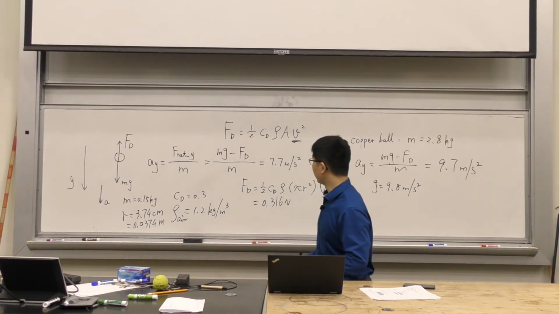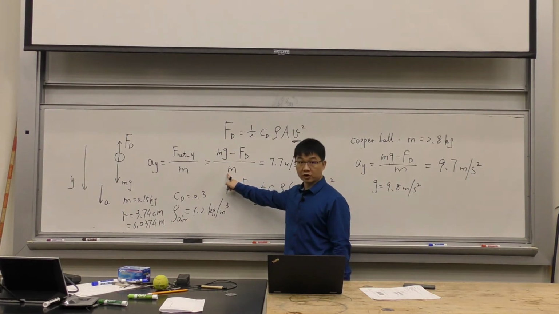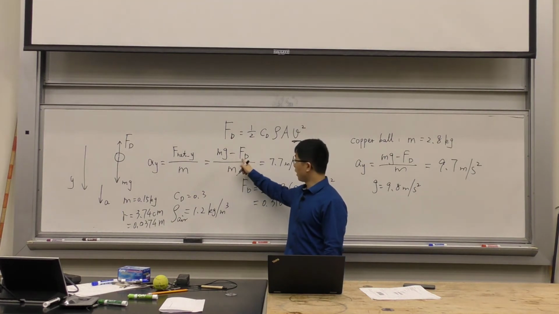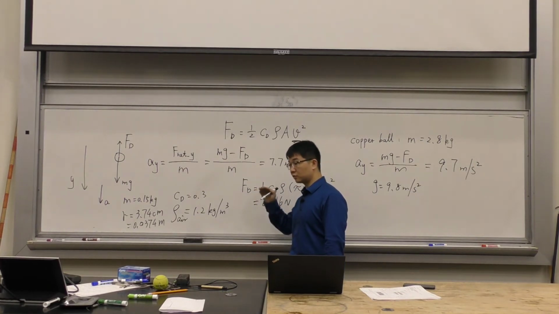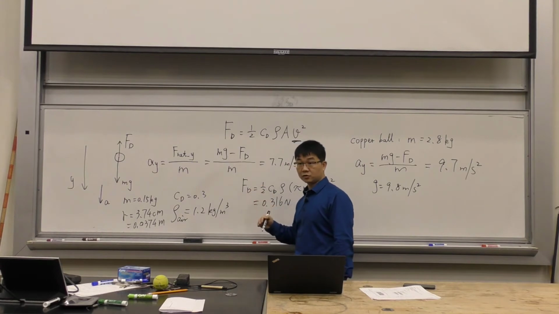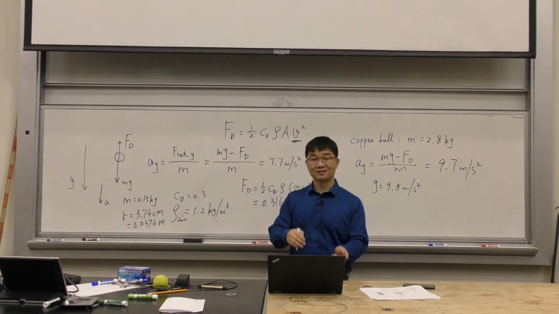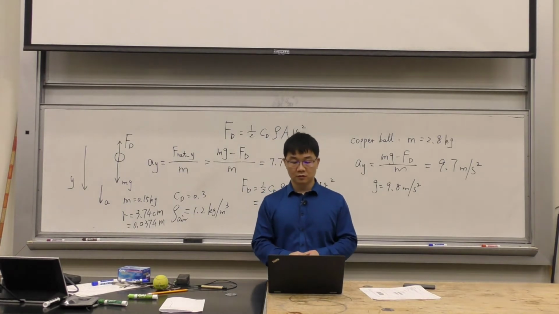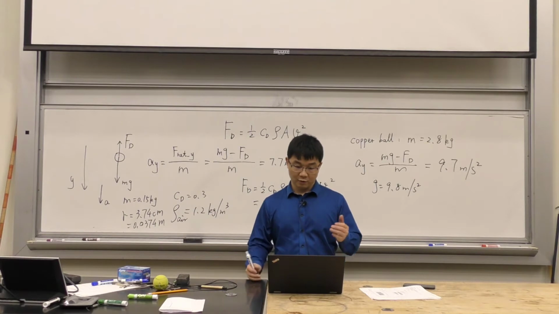If the air drag gets larger, how does the acceleration change? Does the acceleration get smaller or larger? That's also going to affect the motion of this object at the next second. So this is the question I want to ask you.